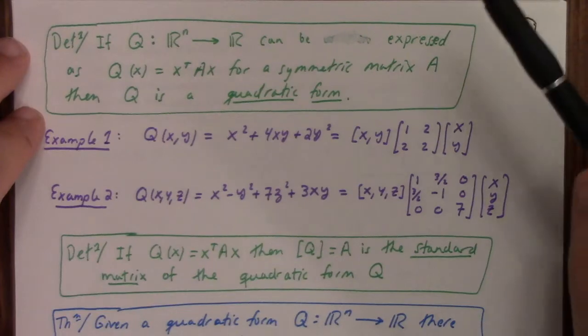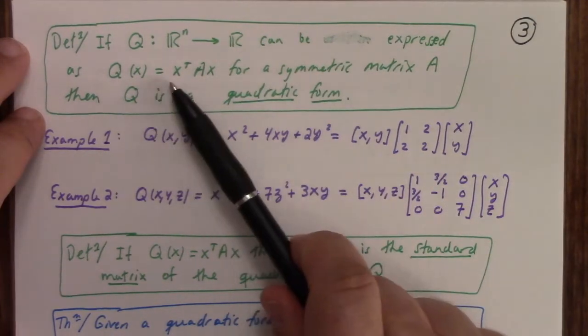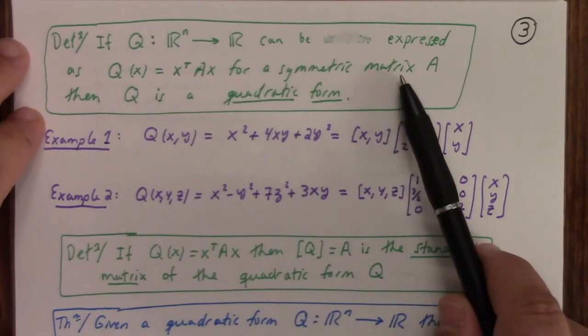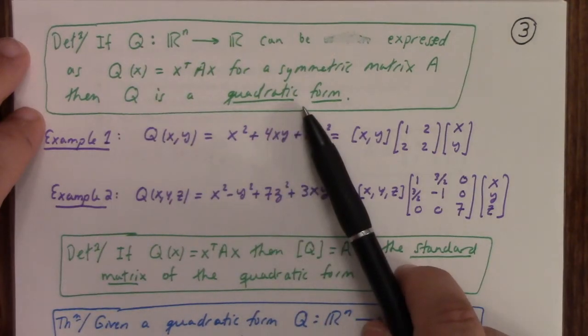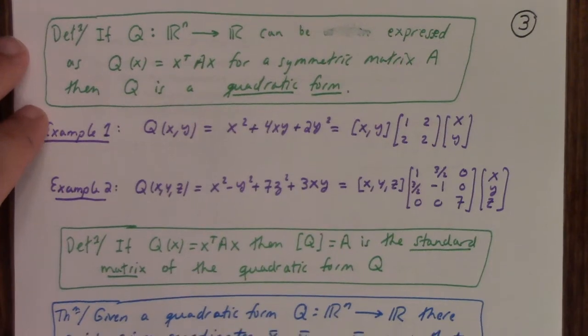If Q is a function from Rn to Rm, and it can be expressed in the formula x transpose Ax for some symmetric matrix A, then Q is what's called a quadratic form. There are more elegant definitions of a quadratic form, but this one suffices for our purposes, all right?